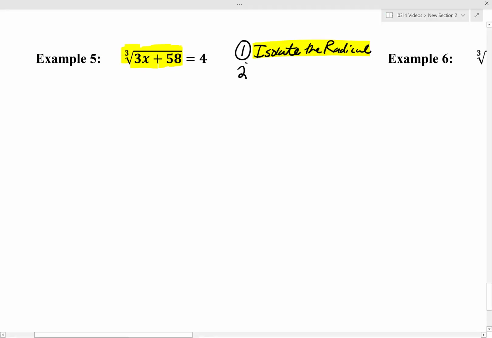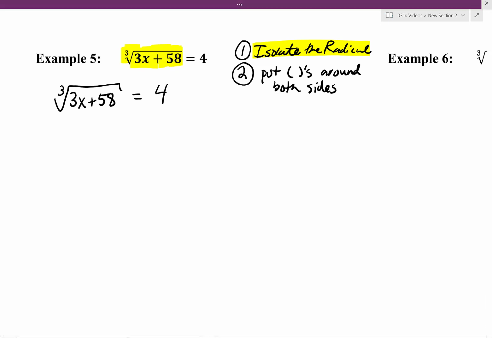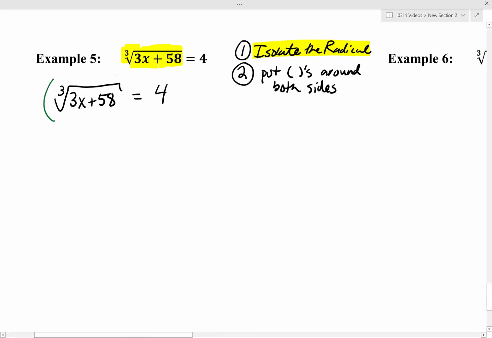Okay, so what is step 2? We want to put parentheses around both sides. So we're going to write the cube root of 3x plus 58. And then on the right hand side we'll put our 4. I'm going to put parentheses around the left and the right sides completely.